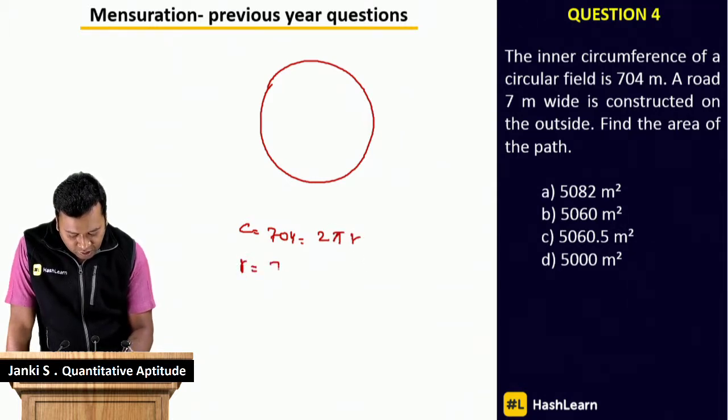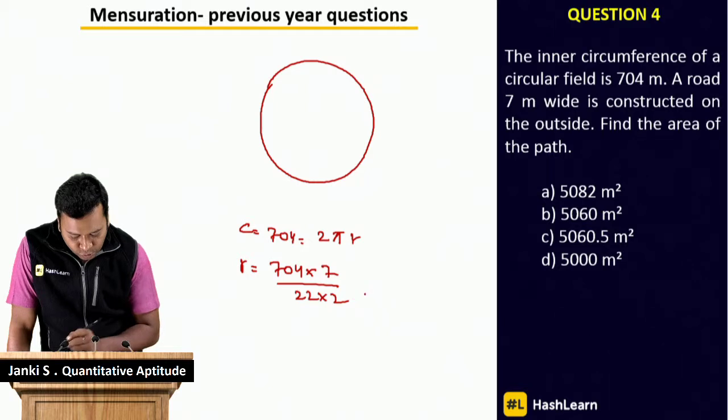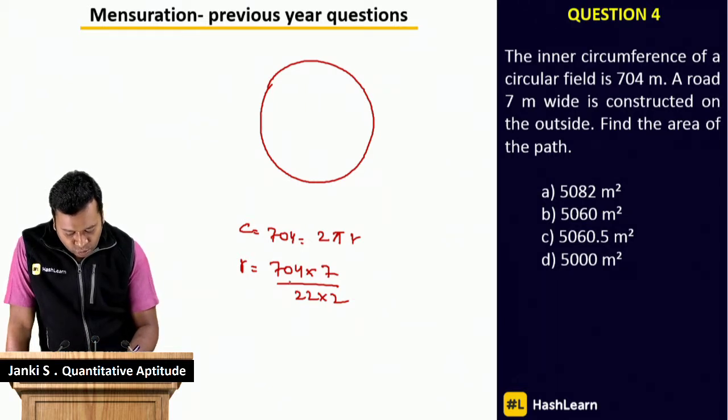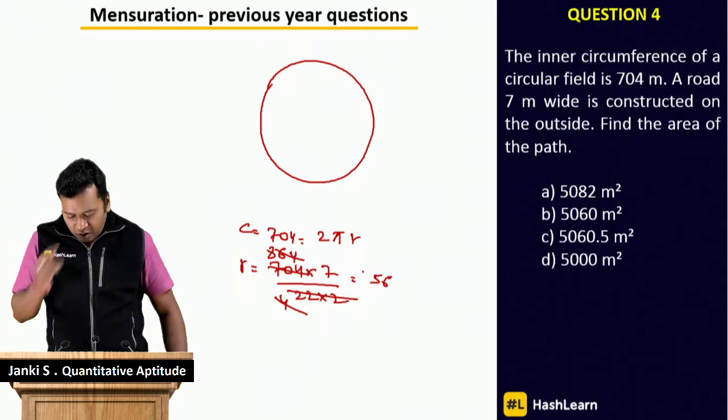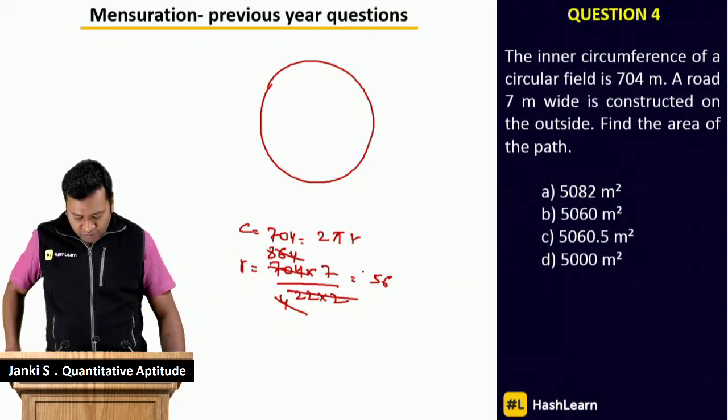R value is nothing but 704 into 7 by 22 into 2, right? So let's try to find out. This is 4 times, then this is 64, and this part is nothing but 8, 56. The radius is nothing but 56 in this case, right?